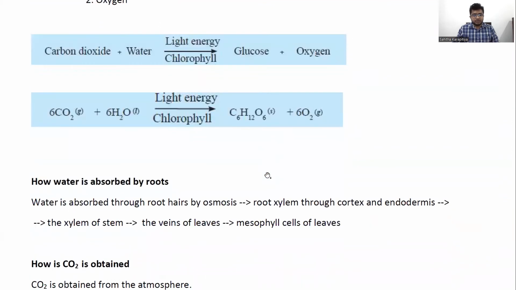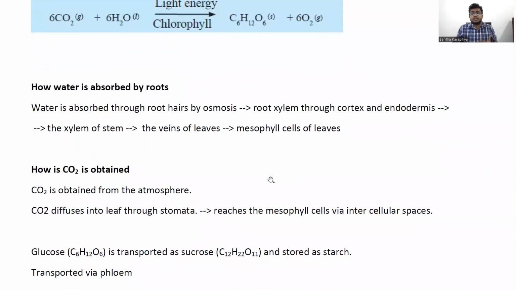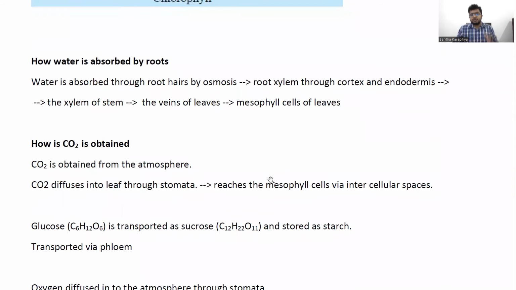Okay. Moving on, there are some facts that we need to learn about photosynthesis. Photosynthesis needs water. Where does it come from? Plants absorb water from the soil. The soil solution contains water. How do they absorb it? Through roots. But is it exactly the roots?